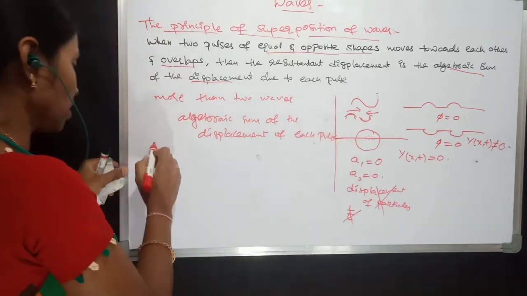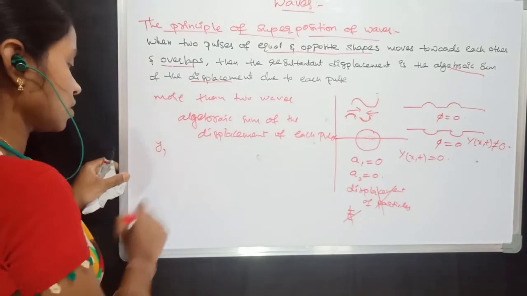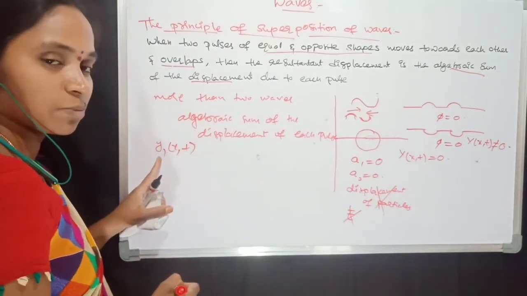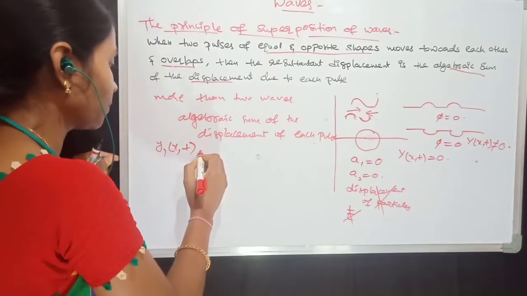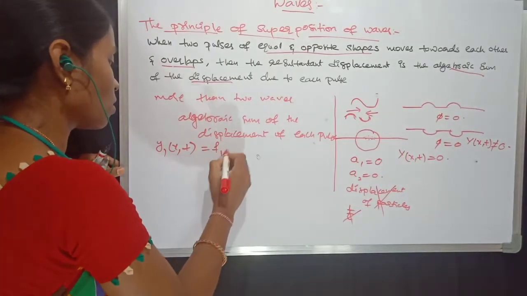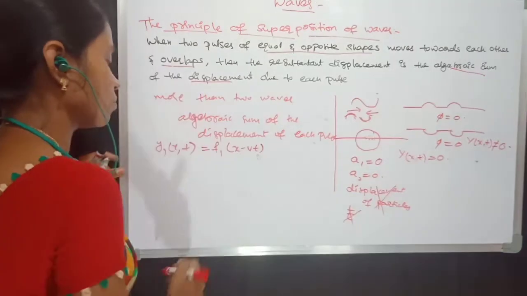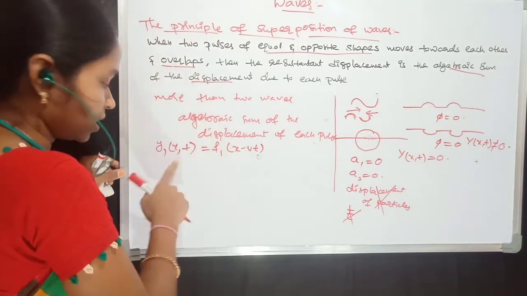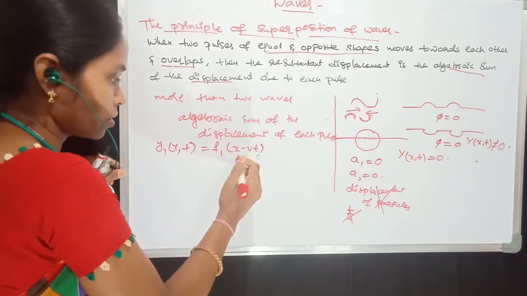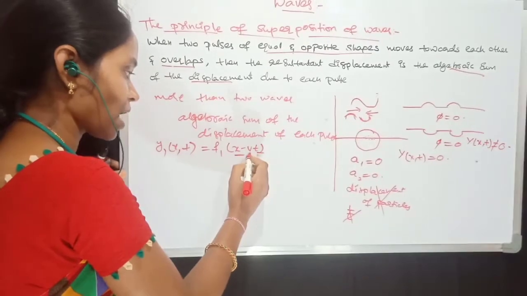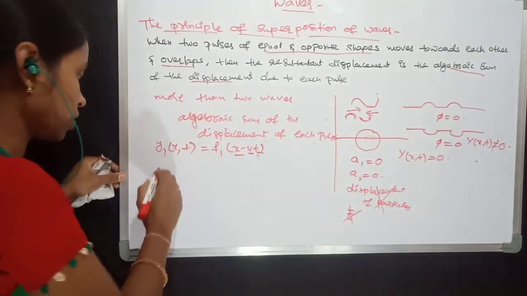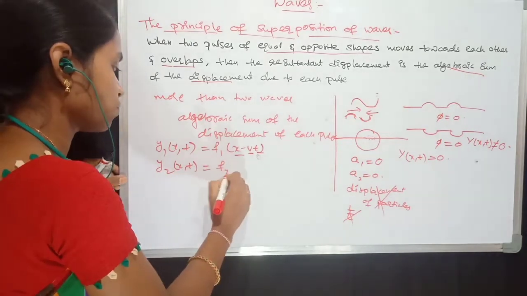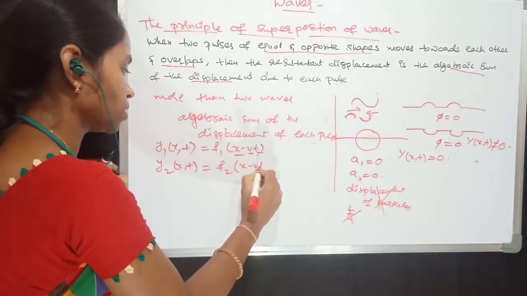For example, I have a wave whose displacement is y of x comma t, and it is a function of x minus vt. That means this waveform depends on the position, time and speed. And I have one more wave which is a function f2 of x minus vt.